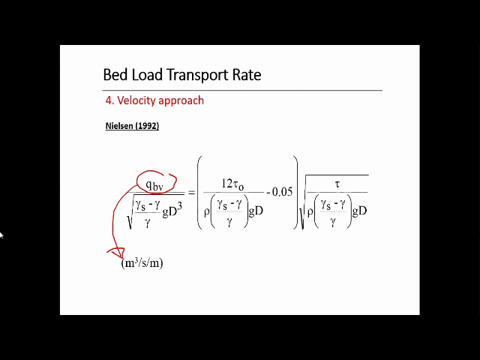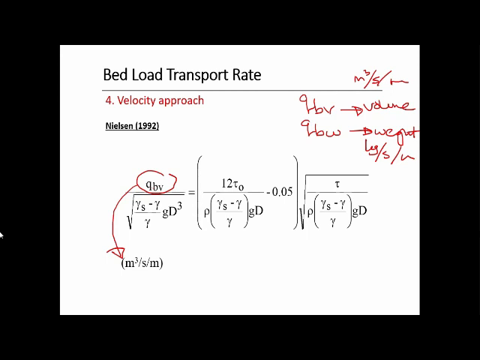So if you notice in my slide, sometimes I use QBV, sometimes I use QBW. So this is by volume, and this is by weight. That's the only difference. By volume is meter cubed per second per meter, and this one is kilogram per second per meter.